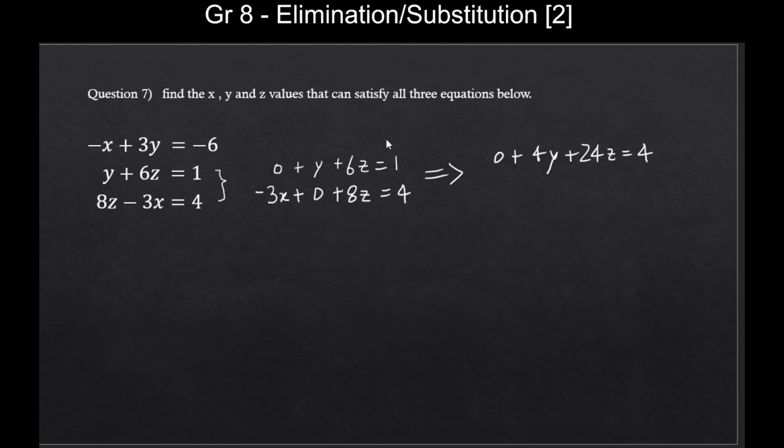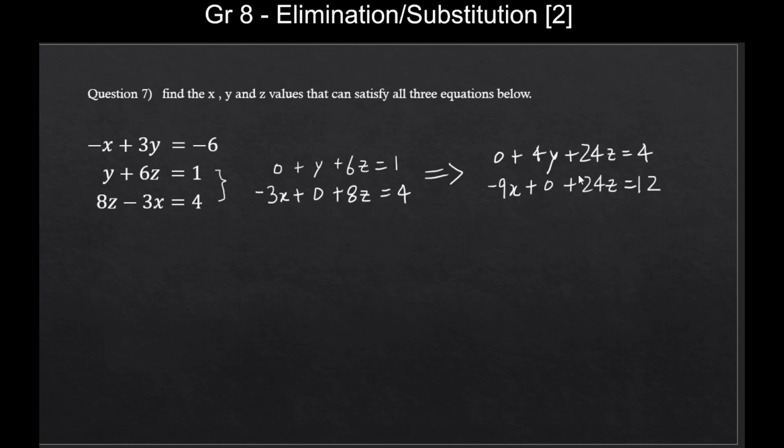So I just multiplied this equation by 4. Make sense? The second one, what did I say? I should multiply by 3. Yeah, so minus 9x plus 0 times 3 is a 0, so 0 plus 24z is equal to 4 times 3, that's 12. There we go.